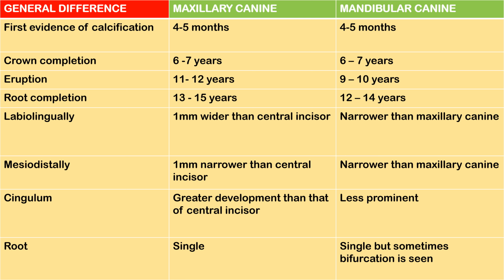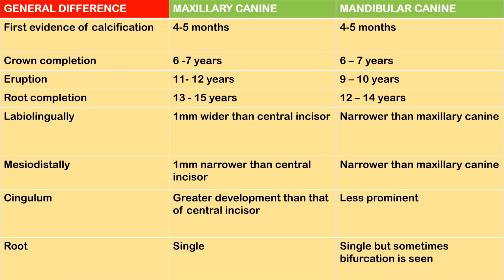Let's start by discussing the general differences between maxillary and mandibular canines. Both maxillary and mandibular canines show the first evidence of calcification around 4 to 5 months of fetal development, with crown formation completing by 6 to 7 years.